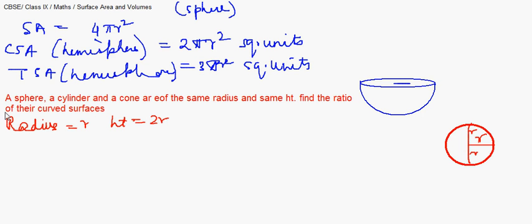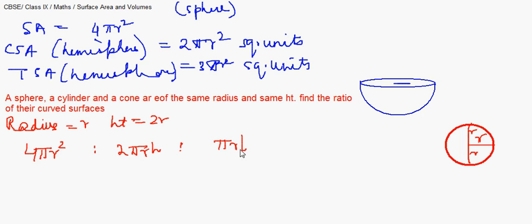Now we have to find the ratio of the curved surface of sphere. It is 4 pi r square. I'll substitute it later if any. And then cylinder, curved surface area is 2 pi r h, and for cone it is pi r l.